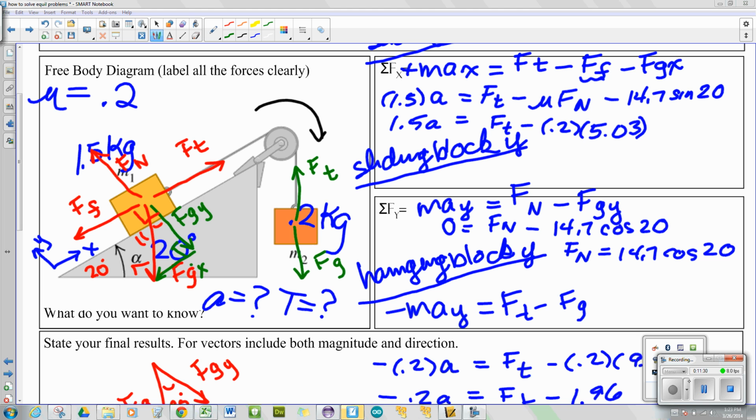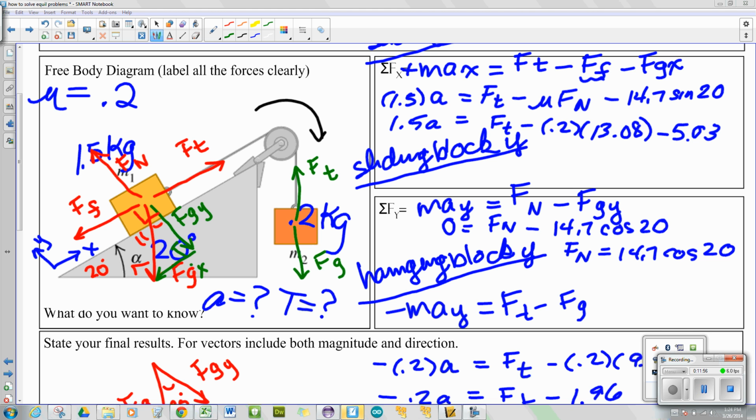Oops, let me check that a minute. That is 13.08. I used sine instead of cosine by accident in the calculator. Minus 5.03. And all of this here at the end is just a number.